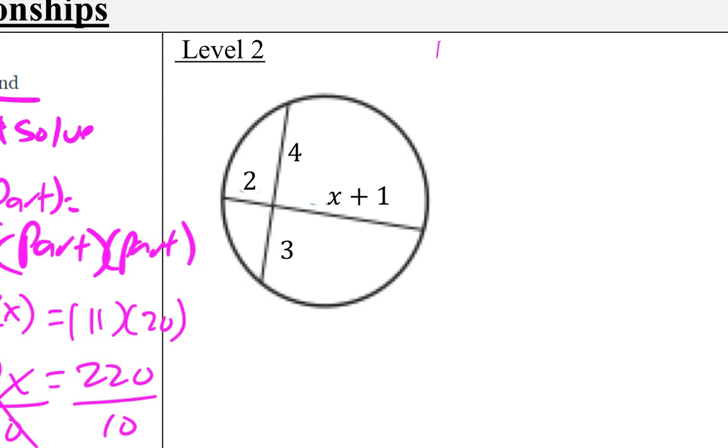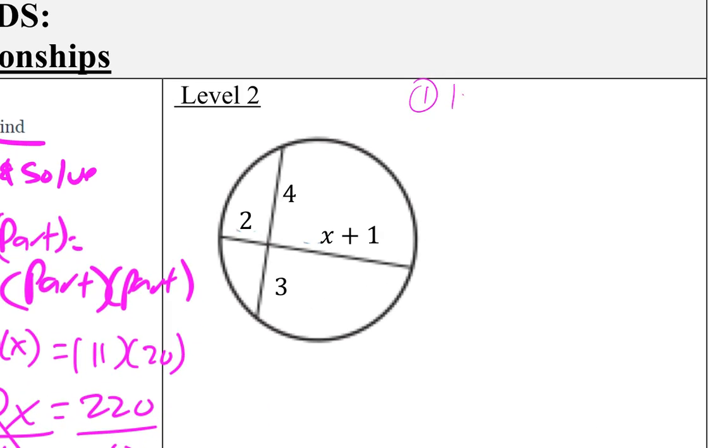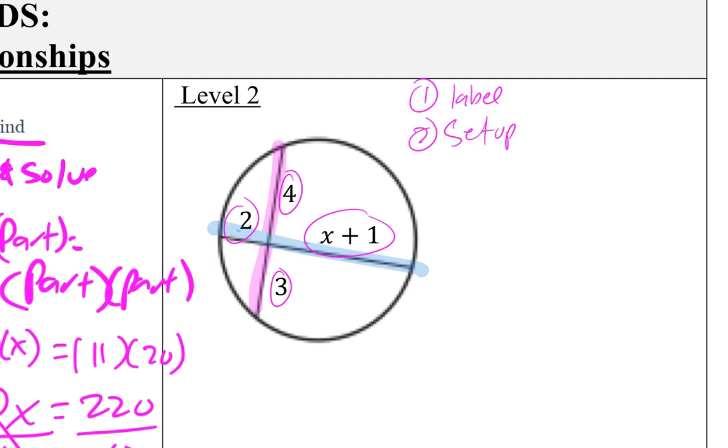So first thing we're going to do is we are going to label. Right, so we would say that that's, we can think of this as part one, that's part two of this one, right? Okay, and then this is part one, and this is part two of the other one, right? So let's set it up. Okay, so let's just think of it like this, right?